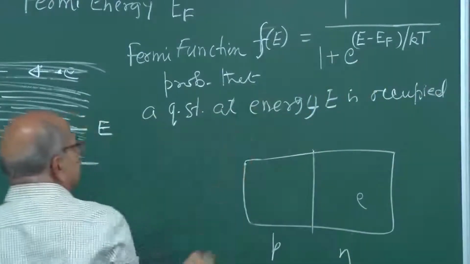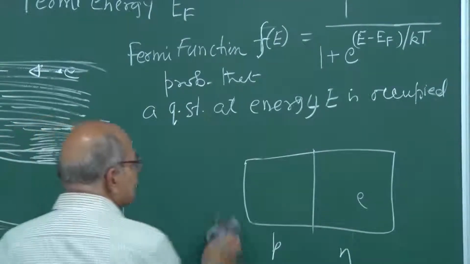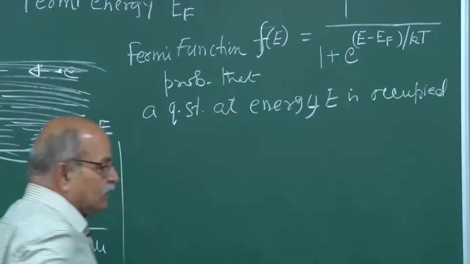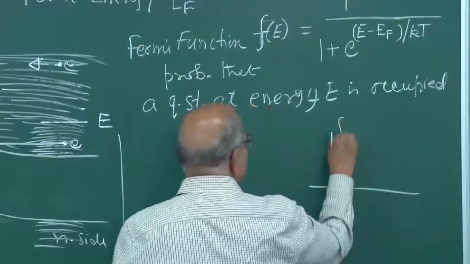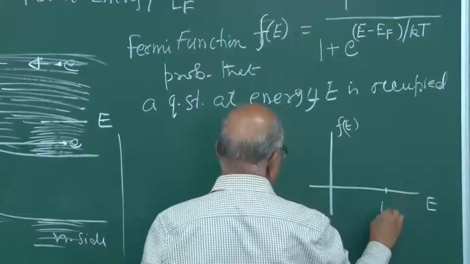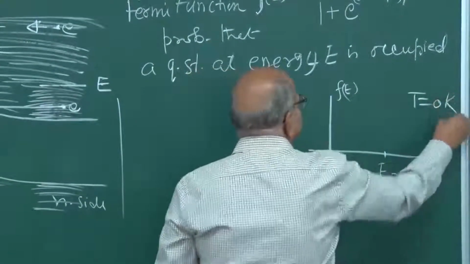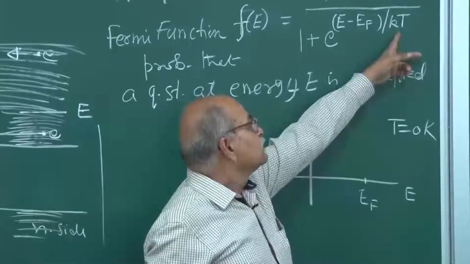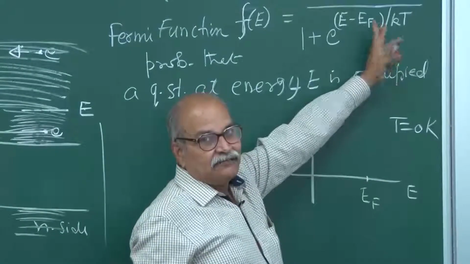Now if you plot this function, first let us plot it at T equal to 0 and see what happens. If you plot f(E) versus E, and suppose this is EF, and T is 0 K, then since T is in the denominator, the exponent will be infinity.